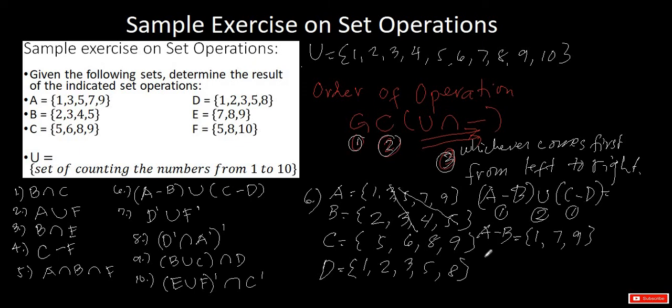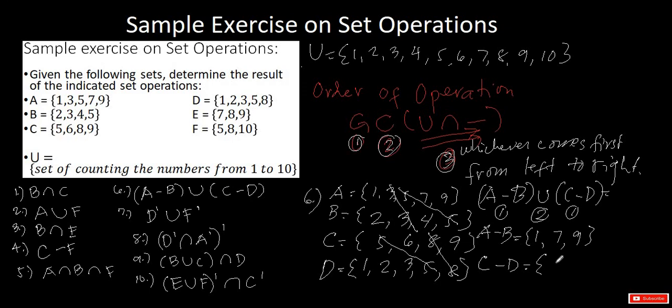Let's continue our step 1 with C minus D. Take away the elements of set D from set C. Take away 5 and take away 8. So the remaining elements of set C that are not in D are only 6 and 9.